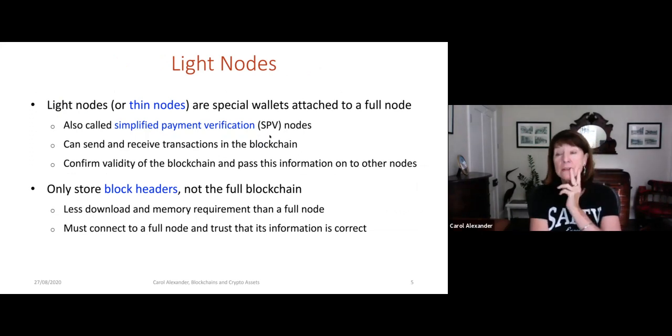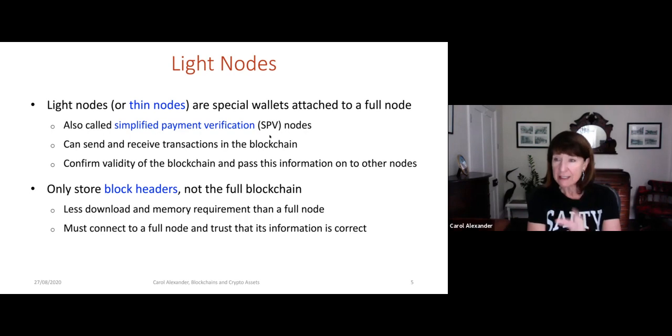So light nodes, also called thin nodes, are special wallets attached to a full node. An alternative name is SPV node, or Simplified Payment Verification, which explains what they do. They can send and receive transactions, but the main purpose is to confirm the validity of a block.